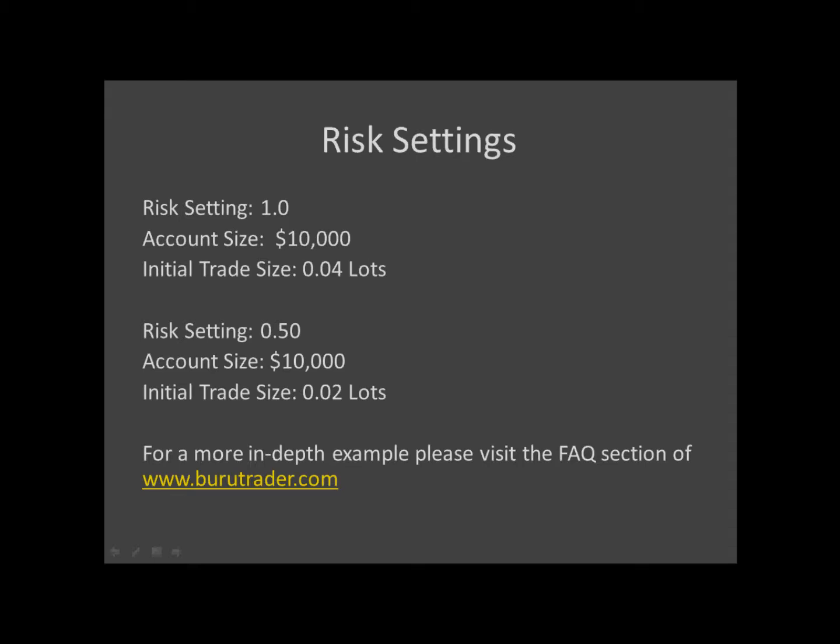If you have a risk setting of 0.50, you're essentially putting half the risk. And so with an account size of 10,000, the initial trade size is going to be 0.02.